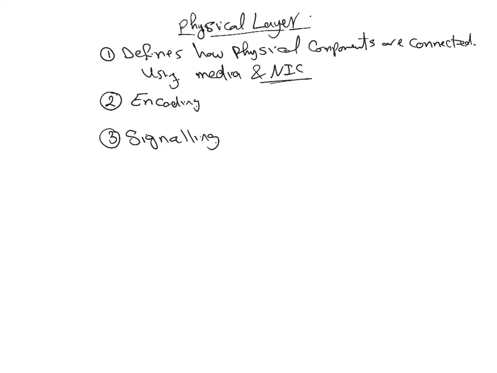So what is the definition of encoding and signaling, and what is the difference between them? For those of you who have watched the video, and I hope all of you did, what is the basic definition of encoding and signaling, and what is the difference between them?